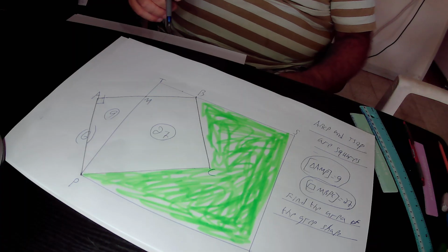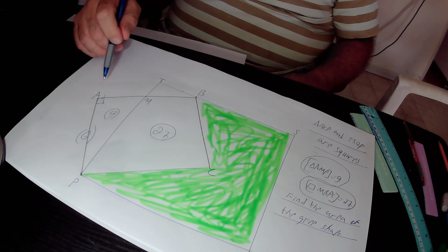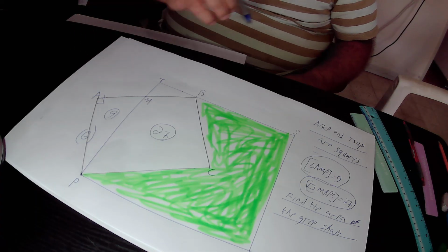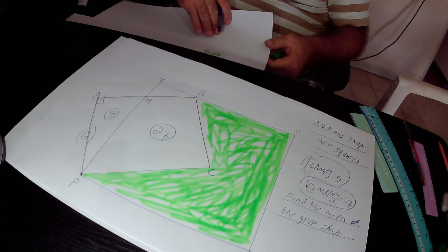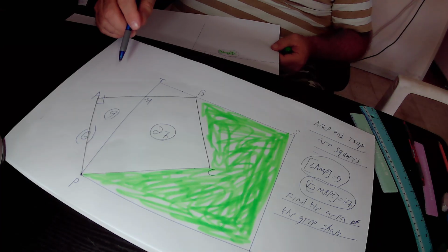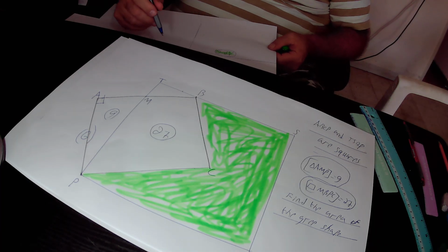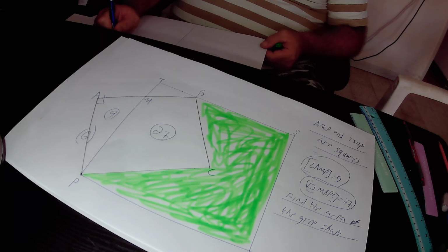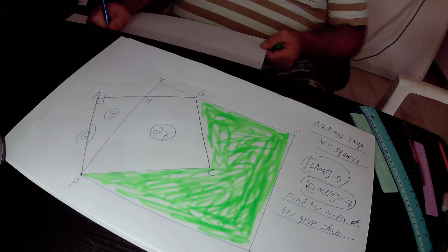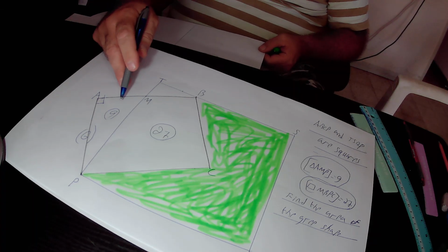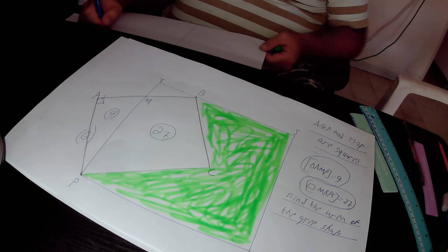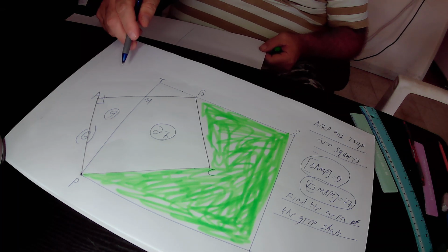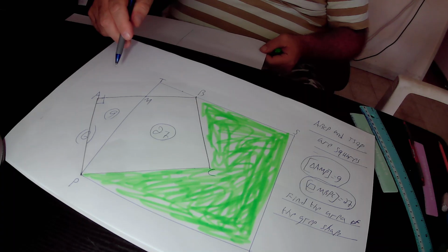Therefore, the area of this right triangle AMP equals the base AM times the height AP over 2.